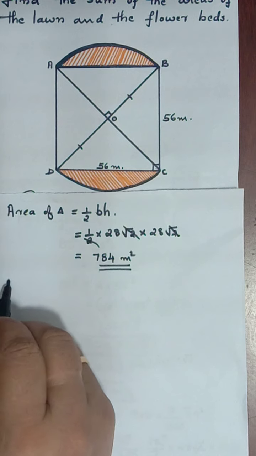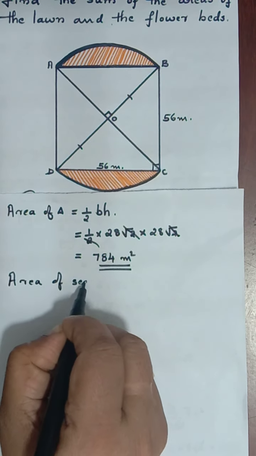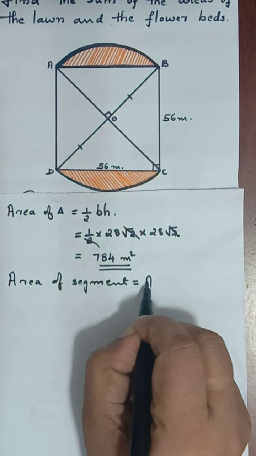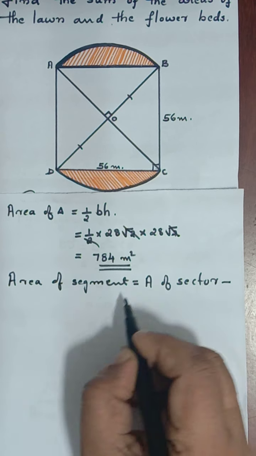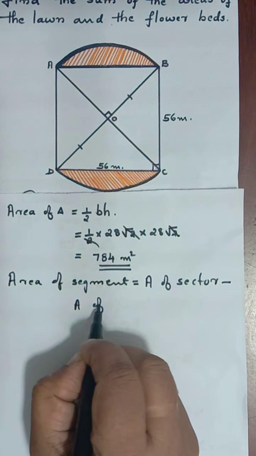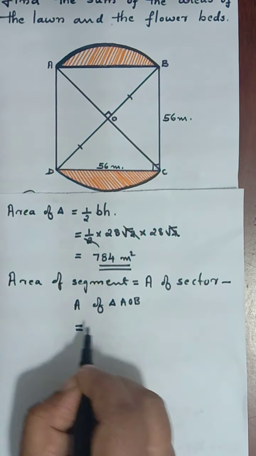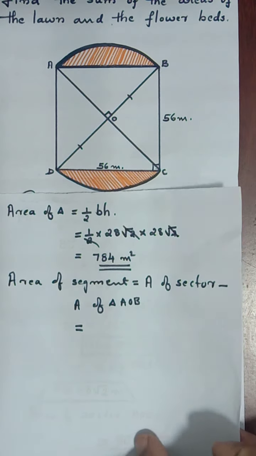Therefore it is easy to find the area of the segment. Area of segment equals area of sector minus area of triangle AOB. Here we can write, that's equal to the area of sector we have found out. What is the area of sector equal to?